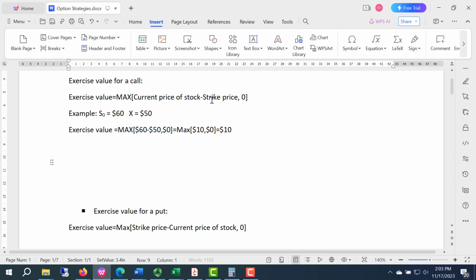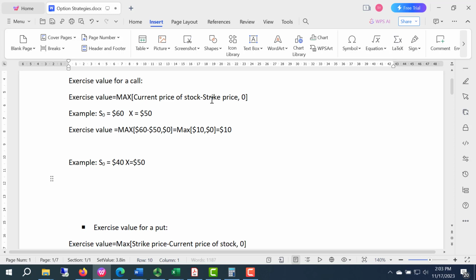In our second example, we're going to switch that around a little bit. We're going to say that our stock price today is equal to $40. Our exercise price is equal to $50 still. So in this case, instead of going up, the price went down.